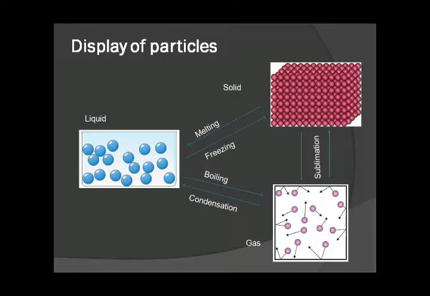So we're at the changes of state now. This is a diagram of how it operates. From solid to liquid, the particles will be melting. From liquid to gas, the particles will be boiling. And this is the last state in which most particles of most substances can exist.